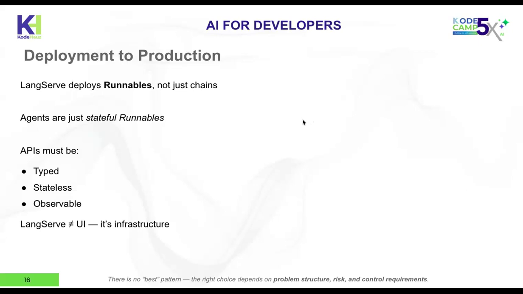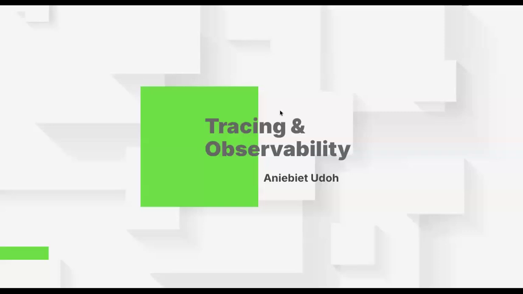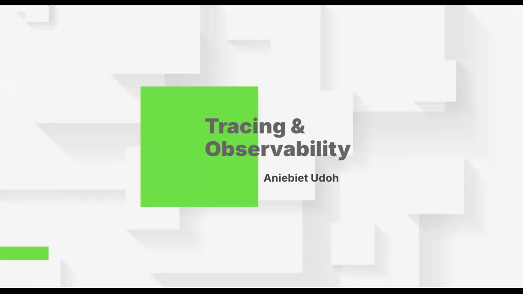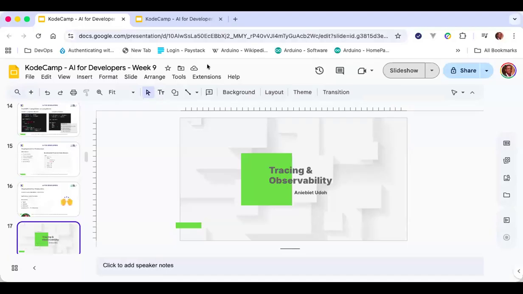So having said this, I'm going to do it hands-on, but I'm going to split it into two. I will come back to traceability, tracing and observability, where we'll talk about LangSmith. But let us first just do a simple deployment with LangServe.